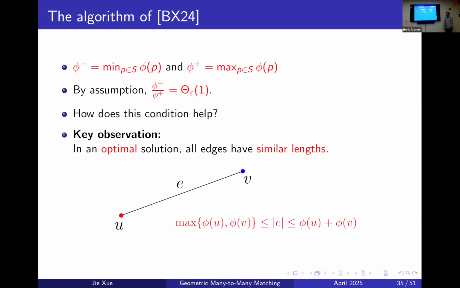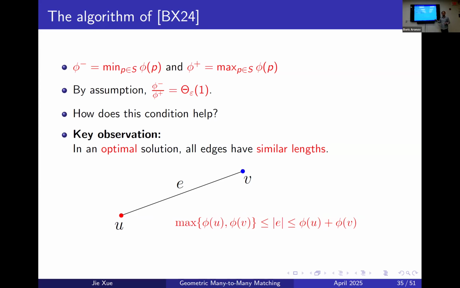Let's see why this is the case. Look at one edge in your optimal solution, U and V. Then we already know this inequality, that the length of E must be greater than or equal to the penalties of U and V. But if it's an edge in your optimal solution, we should also have the inequality that the length of E is smaller than or equal to the summation of the penalties of U and V. Does anyone know why this is the case?